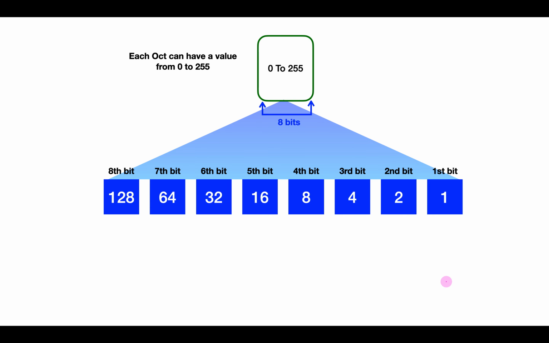There is a predefined value for each and every bit inside a single octet. The value is 1 for the first bit, 2 for the second bit, 4 for the third bit, then 8, 16, 32, 64, and 128.